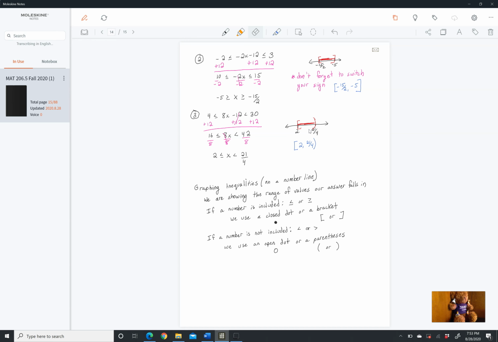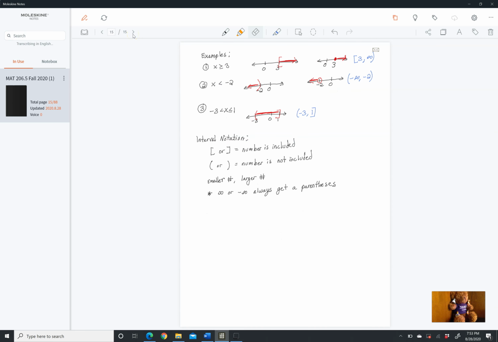So that's interval notation. And set notation is, I like this better actually, but most of the time you're going to be told to use interval notation. So I just want to show you what set notation looks like. It's easier to use, I think, because all you're doing is writing your answer.